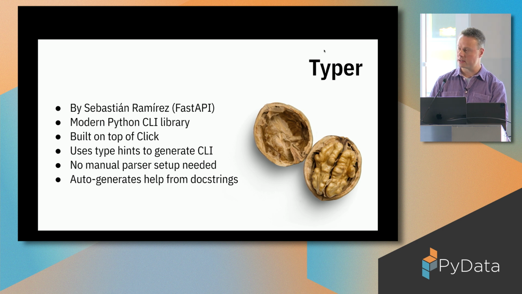The main difference is that with Typer, you use type hints, and from that it generates your interface and the help associated with it. And it is generally a lot less code than if you were to use argparse.